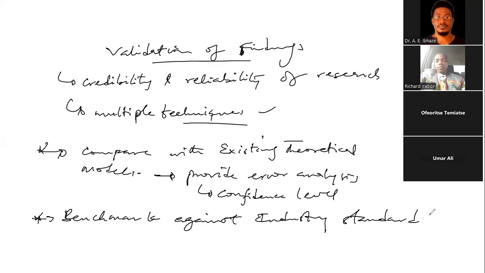The idea is we had a prototype, but we had to benchmark with a prototype already used in the industry. So we used both parameters for measurement to check for possible deviation, okay?